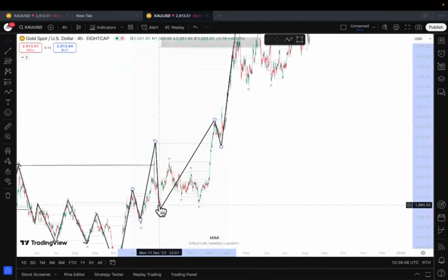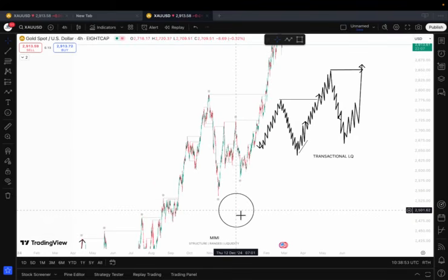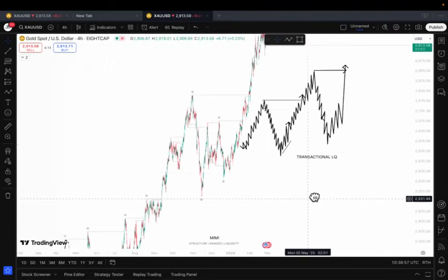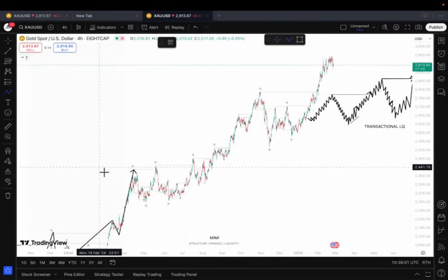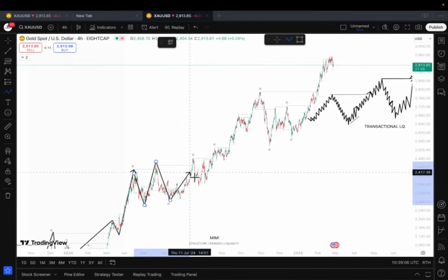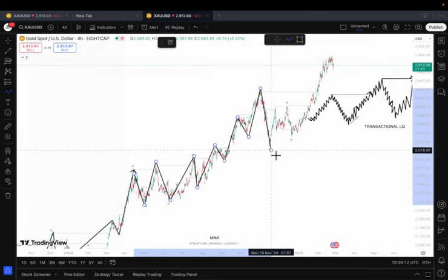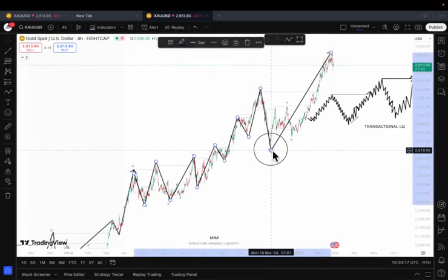Okay, but this is our range low here, and all these points here are strong points that will later turn to transactional liquidity. Why will they turn to transactional liquidity? Once there is a change of character. Taking out, and this is the last external that we have here.